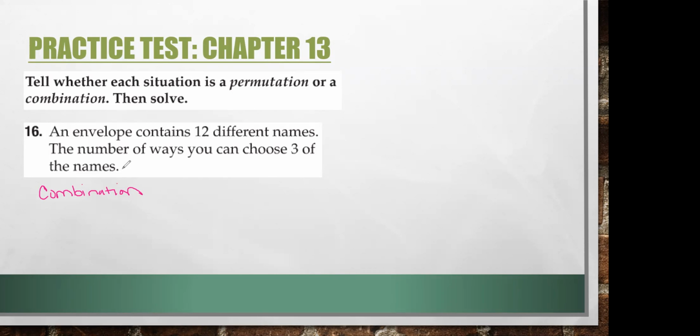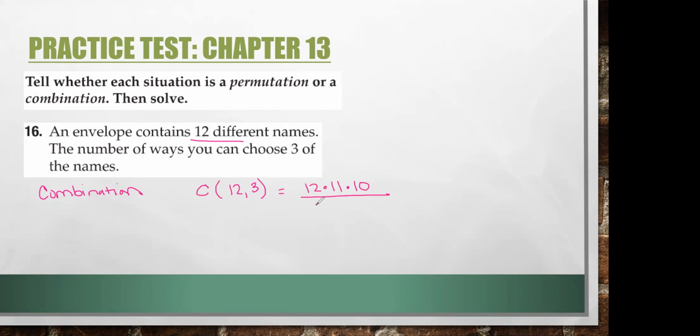So we're using the combination here of 12. There's 12 total, 12 different names, and we're choosing 3 of them. Okay. So since we're choosing 3, we would multiply 12 times 11 times 10. First time you pick, there's 12 names, then there's 11 names. The third time, there's 10 names.